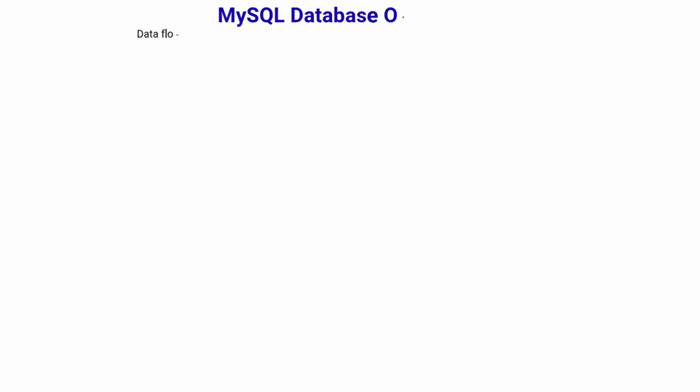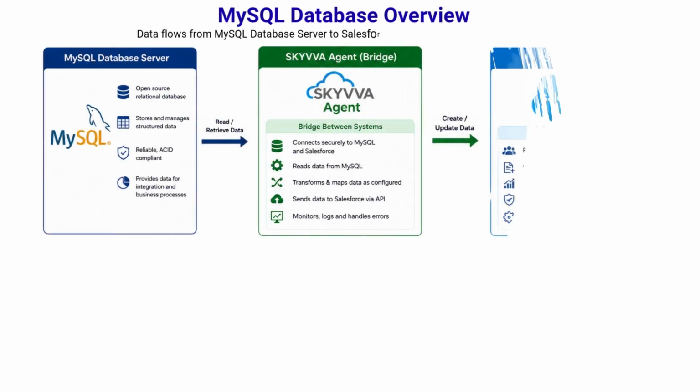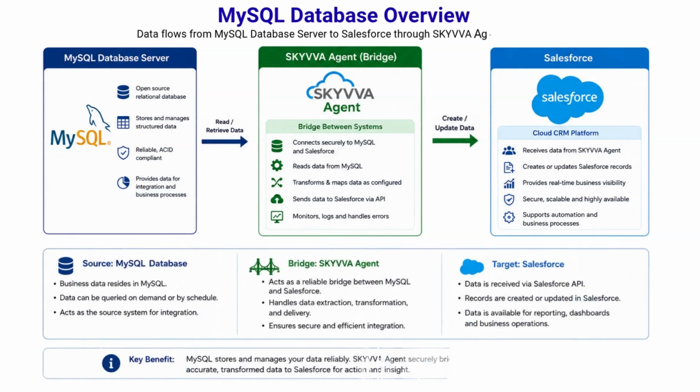Summary. In this video, we provided an overview of integrating MySQL database with Salesforce using the SKYVVA Agent. We explained the overall integration architecture, the end-to-end data flow, and the core processing scenarios, including inbound and outbound integration, stored procedure execution, and change data capture, CDC, for real-time synchronization.